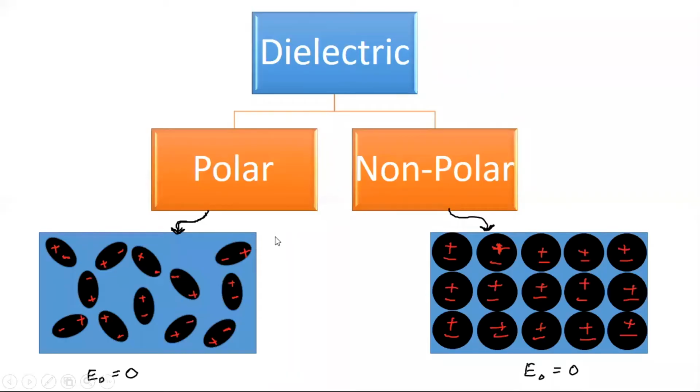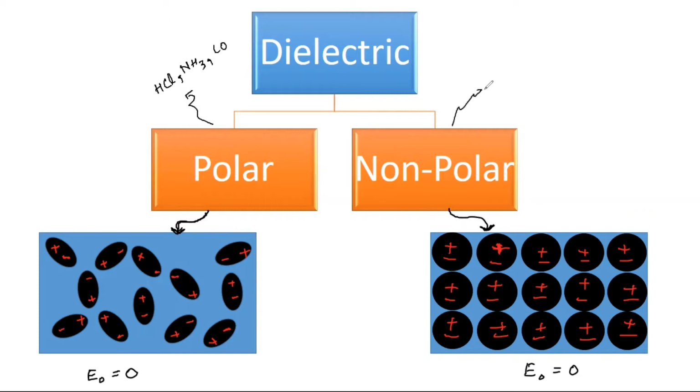So basically, dielectric substances are of two types. One is polar dielectric substance, another is non-polar dielectric substance. When we talk about polar dielectric substances, let's say hydrochloric acid. Now this is a polar dielectric substance. Ammonia, this is again a polar dielectric substance. Carbon monoxide, this is again a polar dielectric substance.